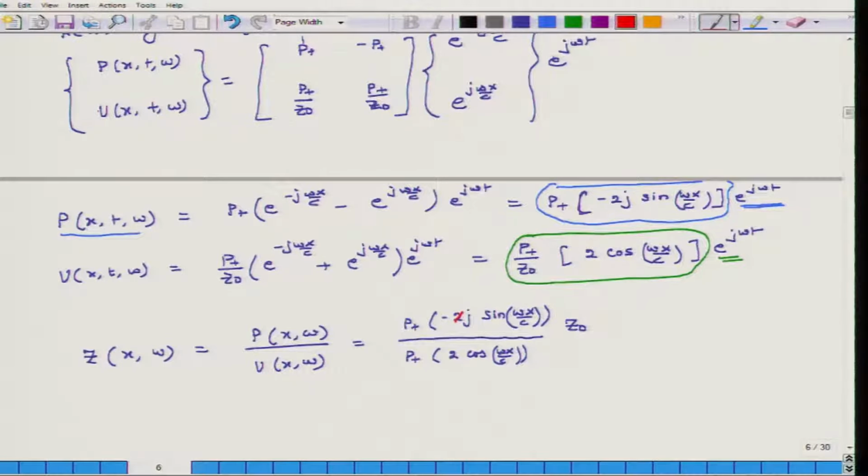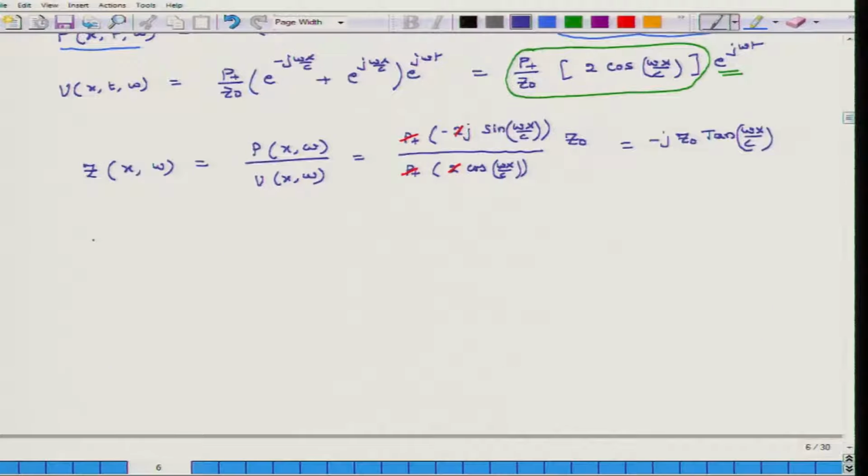So, this 2 cancels out, P plus also cancels out, and what I am left with is minus j Z naught tan omega x over c.